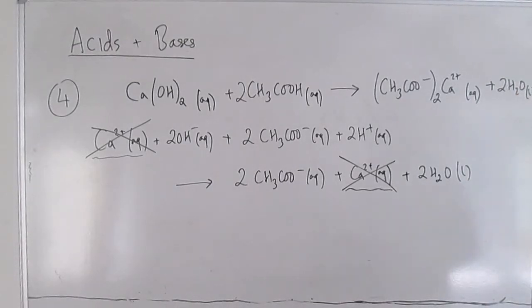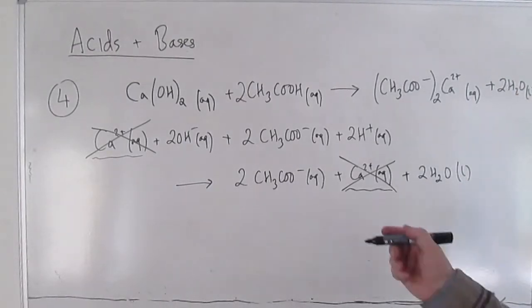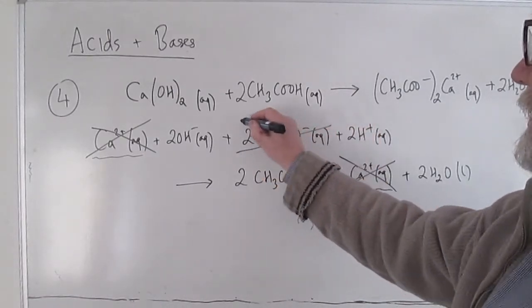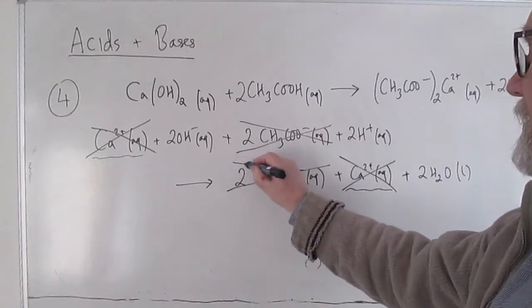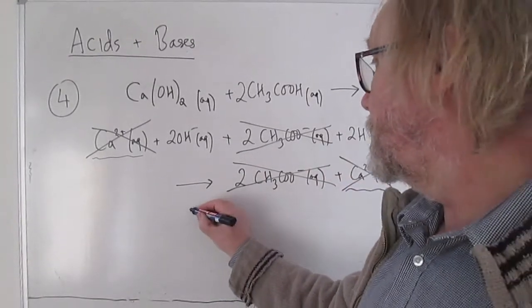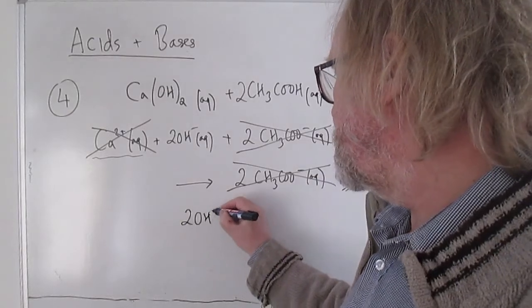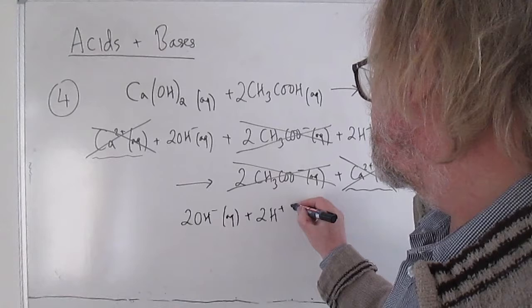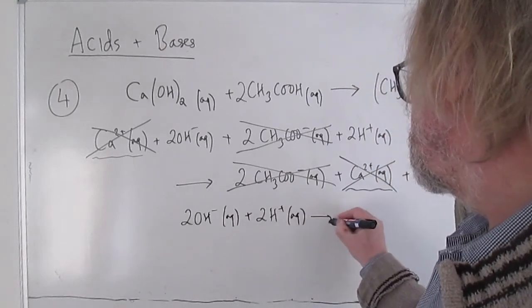And the same with the ethanoate ions. We've got 2 moles of ethanoate on the left, 2 moles on the right, so again they didn't change in the reaction, so they cancel out. And what you're left with is therefore 2OH- plus 2H+ goes to 2H2O.